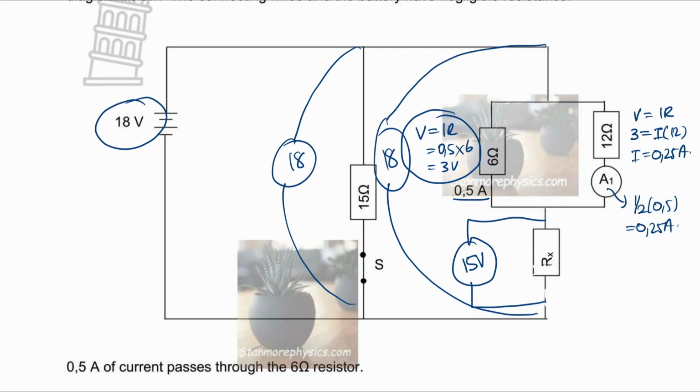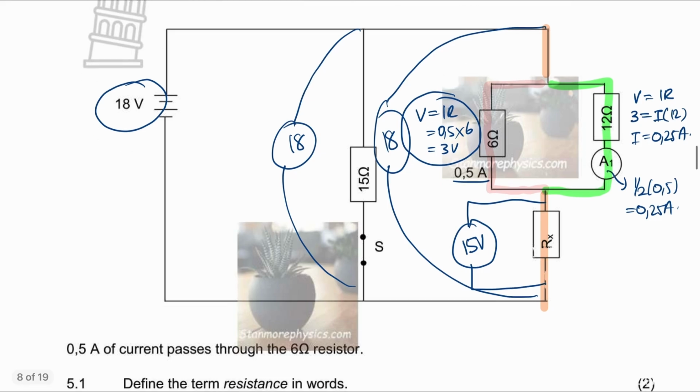Now we just need to figure out what the current is and then we can work out the resistance. We know the current going through here is 0.5 and we also know the current going through here is 0.25. So the current in this branch here will be the sum of 0.5 and 0.25.